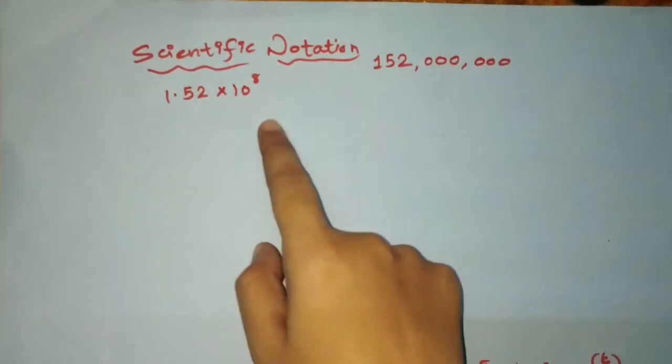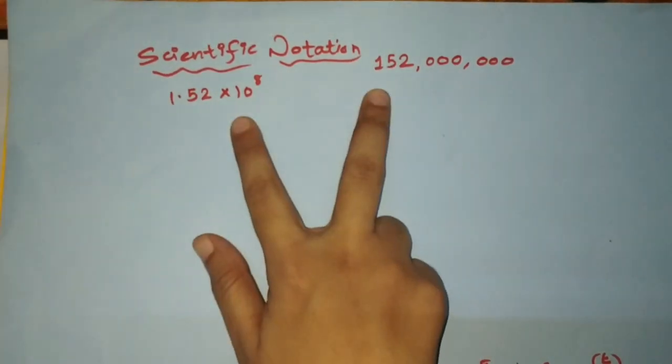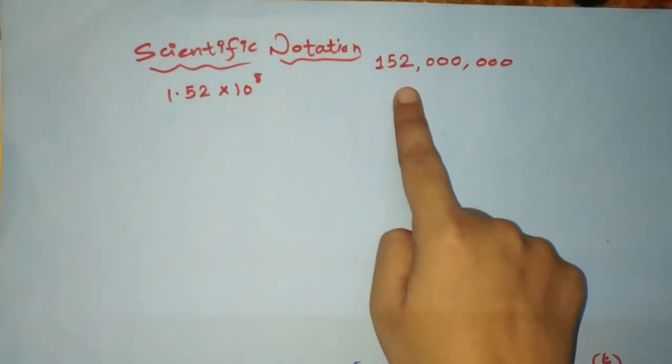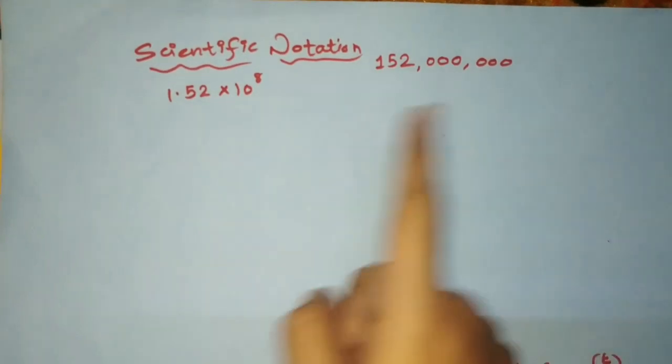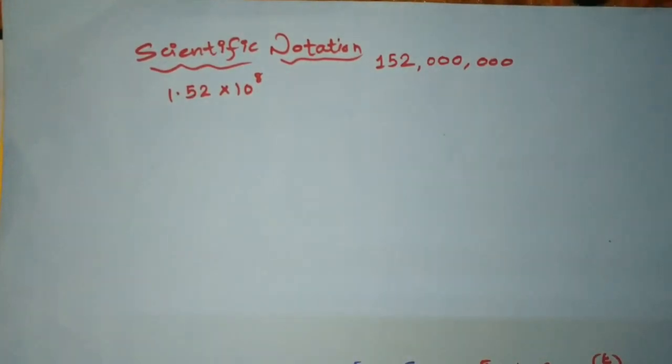If you see here, I have written the same number in two forms. Here I have written it as a larger number, but here we have compacted it in terms of scientific notation. Scientific notation is a way where we write any larger number in terms of two factors.